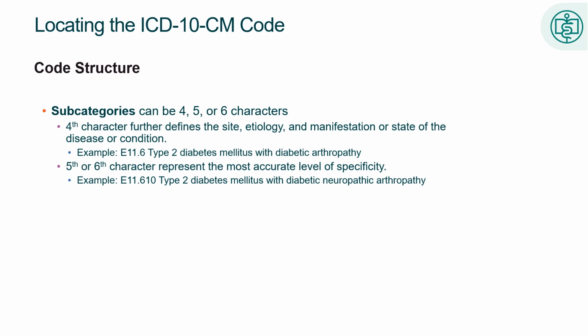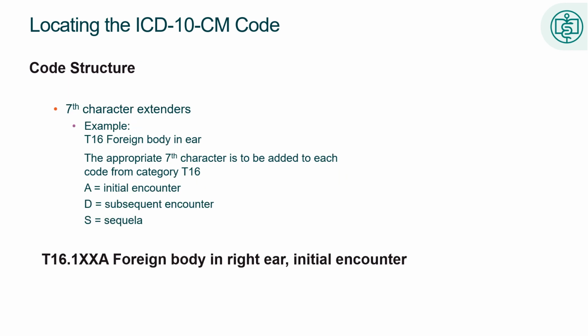For example, in diabetes, the 5th or 6th character represents the most accurate level of specificity. For example, E11.610 is type 2 diabetes mellitus with diabetic neuropathic arthropathy. Some codes require a 7th character to complete them.